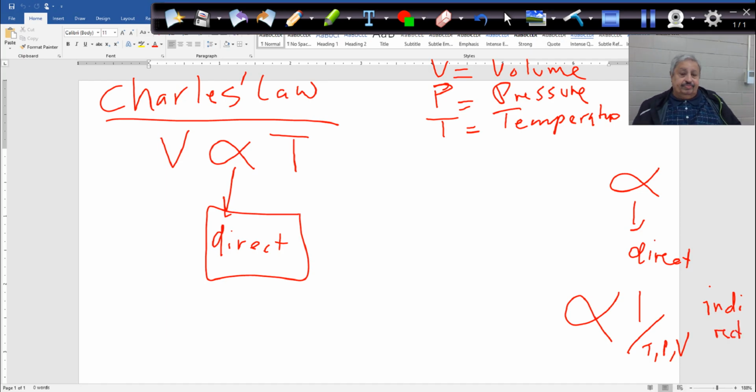Okay, guys? If you have it like this, that's direct. If you have 1 over the temperature or pressure, that will be indirect. So I want to make it direct, so make it equal. Then again, you have to cross multiply.